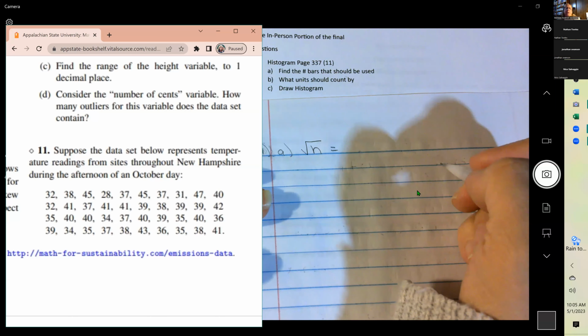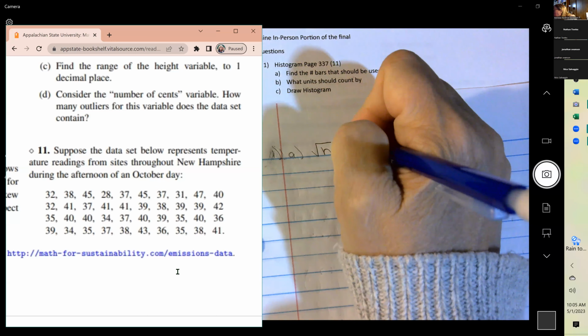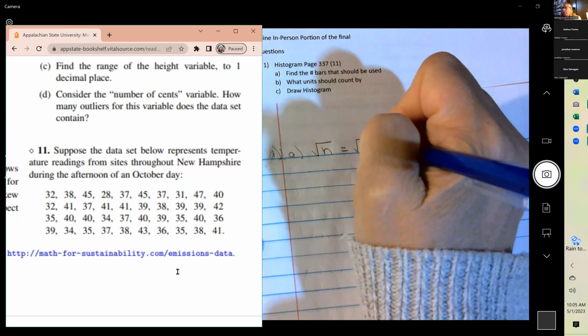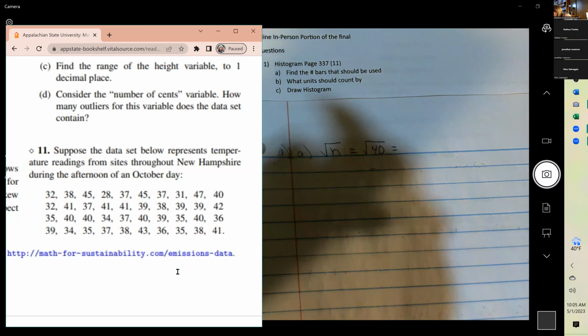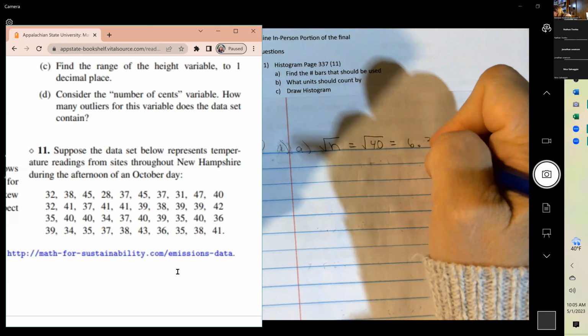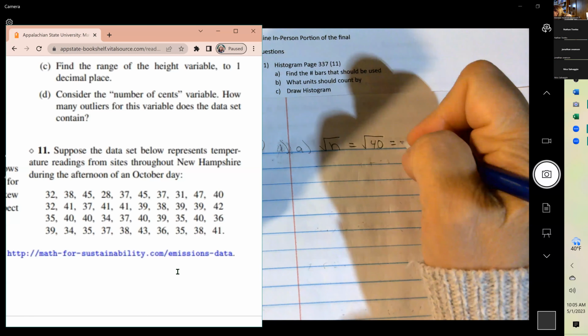N is your sample size. 1, 2, 3, 4, 5, 6, 7, 8, 9, 10, 40. Then you take the square root of 40. I rounded.